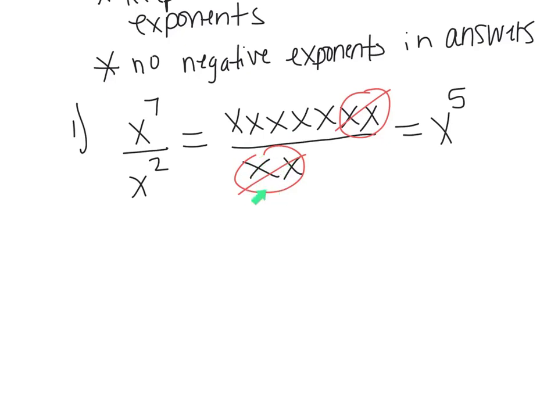So here, the 2 x's are canceling out, dividing out with 2 of them on the top, leaving us with 1, 2, 3, 4, 5 left over, so x to the fifth. This is coming from taking the 7 minus the 2. Okay, so here we're talking about subtraction.